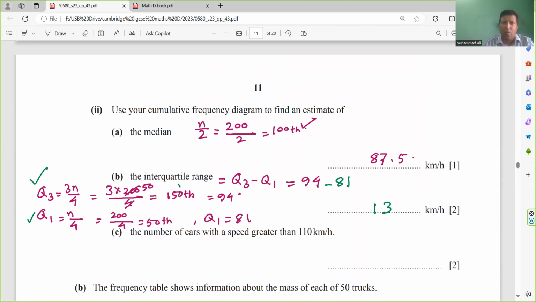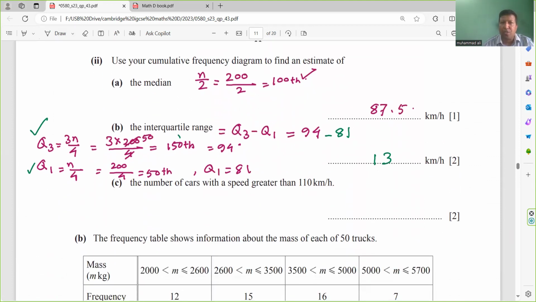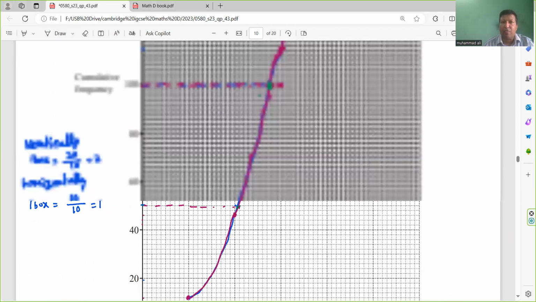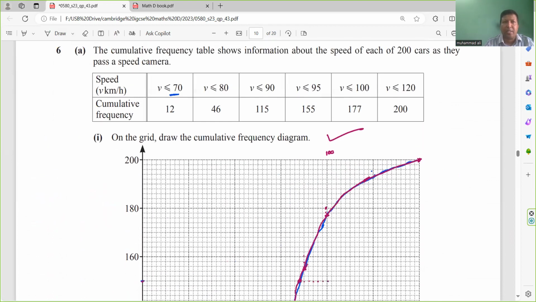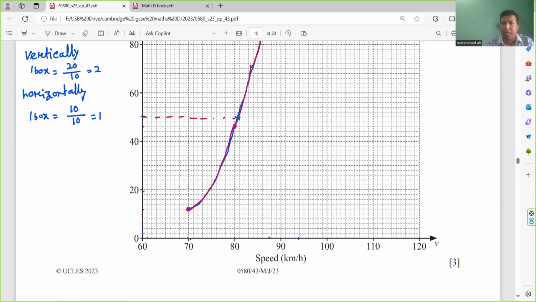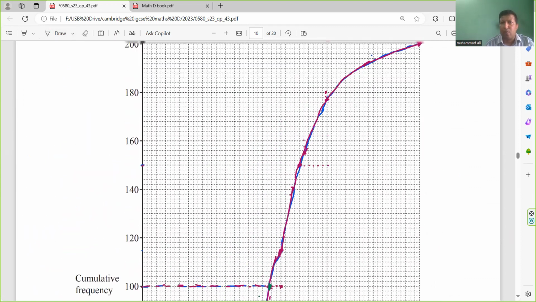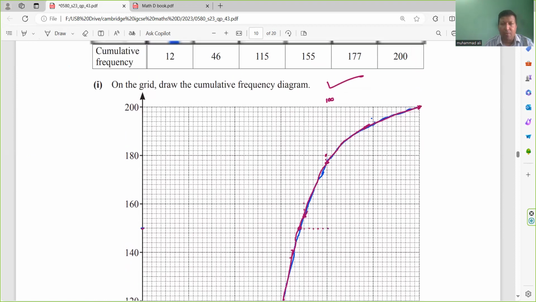Okay. Now the number of cars with a speed greater than 110 kilometer per hour. From here, if we count from 110, that means more than 110 kilometer per hour. This is 110 kilometer per hour. So what they want is the number of cars with a speed greater than 110.